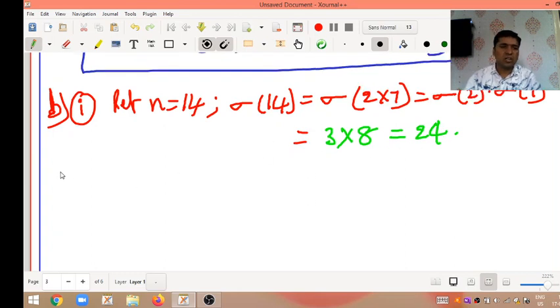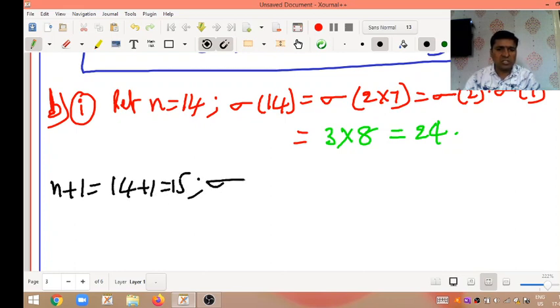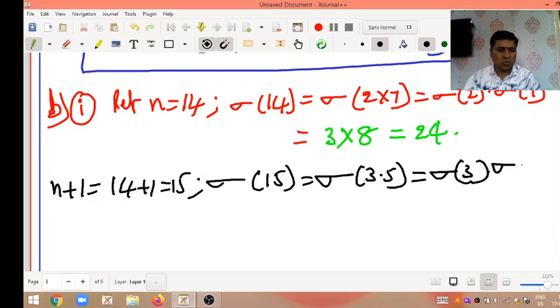Again, n plus 1 we want to check, that is 14 plus 1 is equal to 15. For 15 we want to check sigma of 15 is equal to sigma of 3 into 5, that is equal to sigma of 3 into sigma of 5, my dear students.